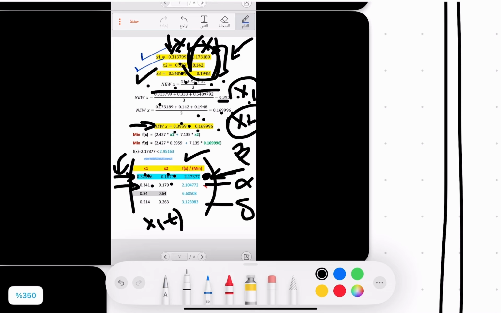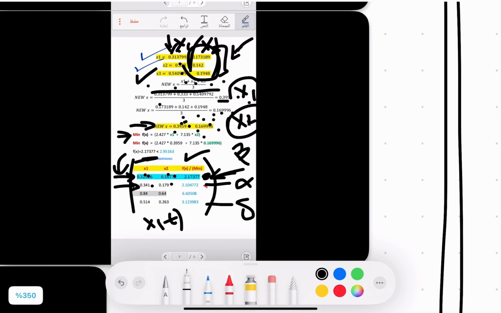As we can see, the new values will be substituted in this equation, the one we started with at first. Once we replace x1 with the new value, x2 with the new value here, we're going to find that the answer was 2.17377.